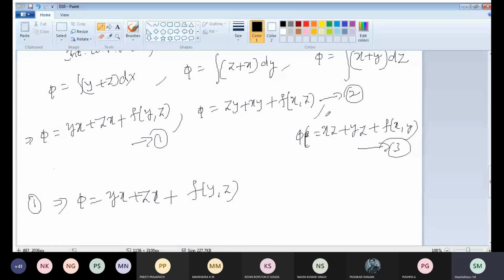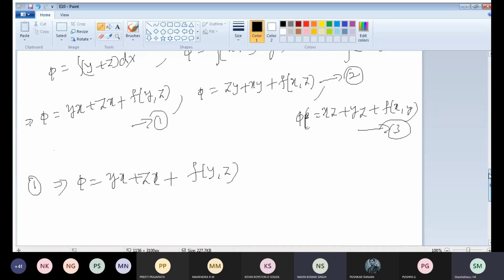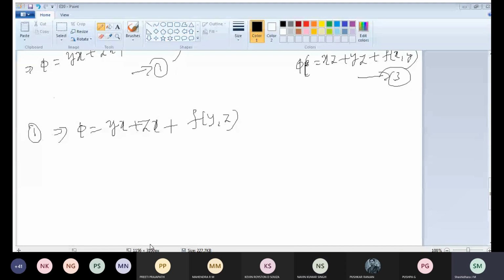Any doubts? No, sir. Is it clear? I have a doubt, sir. Okay, yes, tell me. Sir, how are you getting this integrating constant as a function f of y and z? See equation number 1. Here I'm integrating with respect to x only, no? Yes, sir.